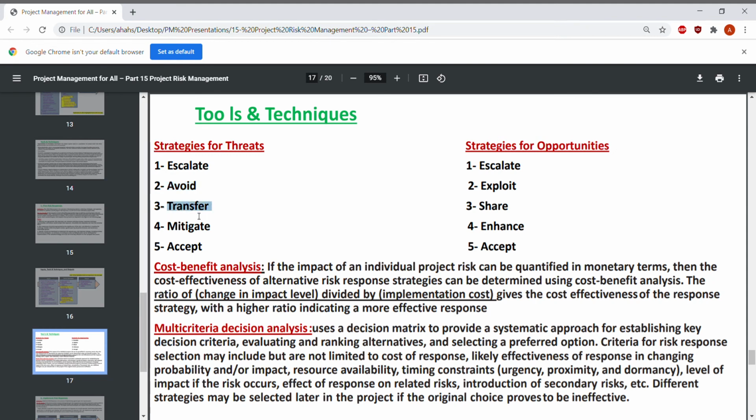Transfer the risk. One of the tools used to transfer the risk is to have insurance for the project. Mitigate. We may not need to avoid the risk as a whole because it's too expensive, so we just need to mitigate the effect of the risk, or just accept the risk and do nothing about it if it is not very important.